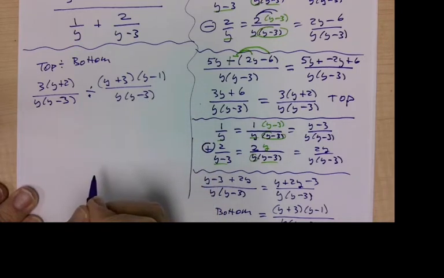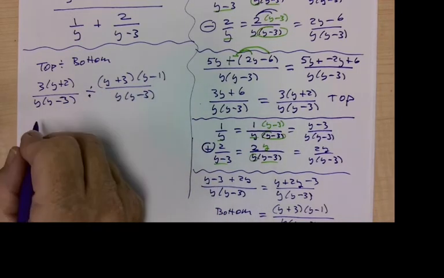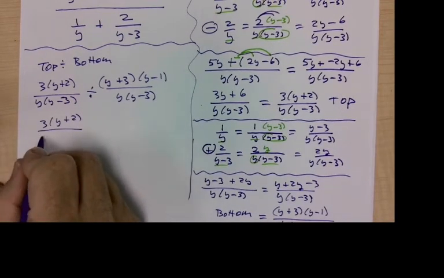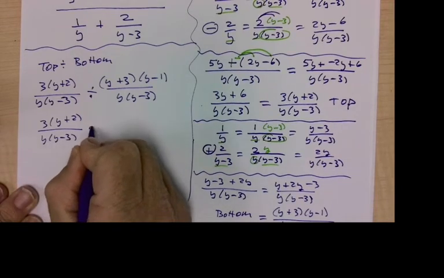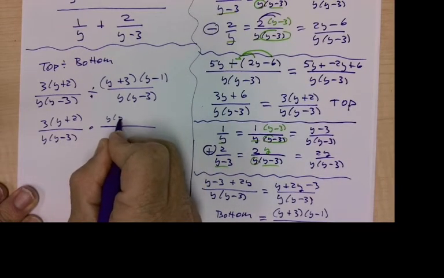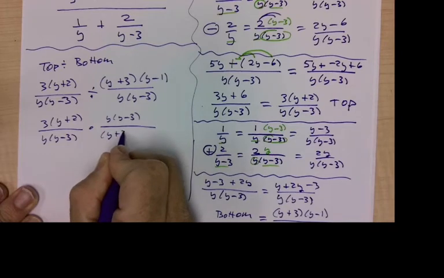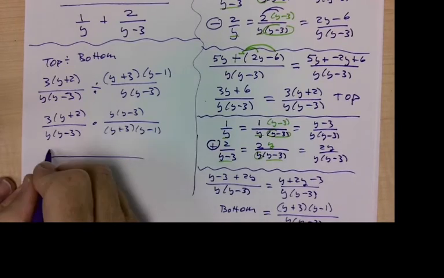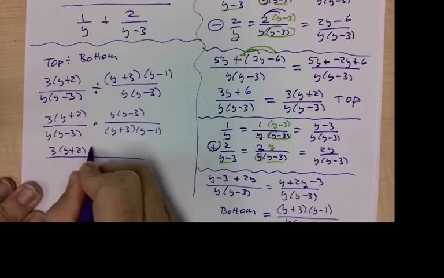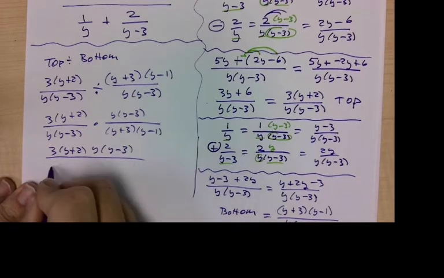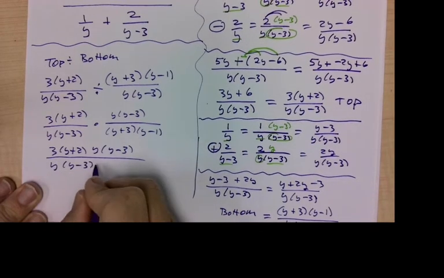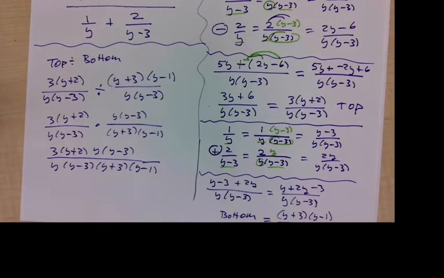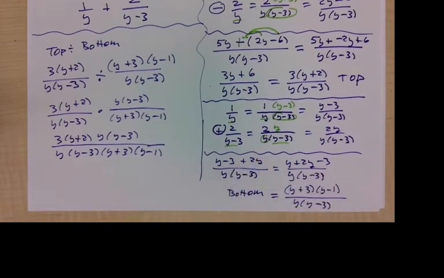Invert and multiply. If we're going to divide fractions, change it to multiplication and flip. 3 times y plus 2 over y times y minus 3 times y times y minus 3 over y plus 3, y minus 1. And in essence, it's one big fraction. What divides out here?